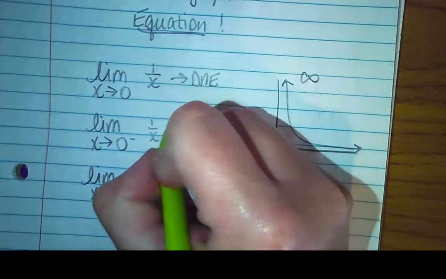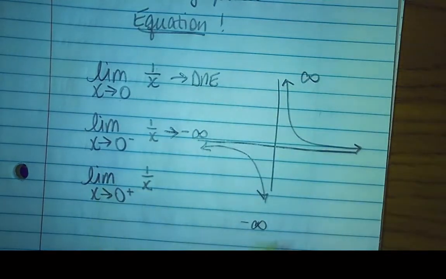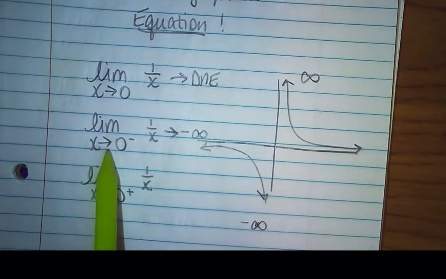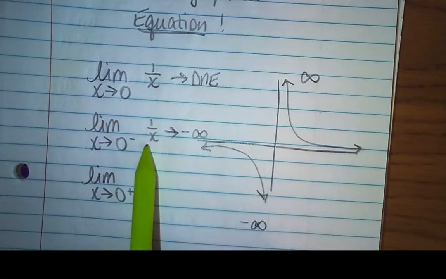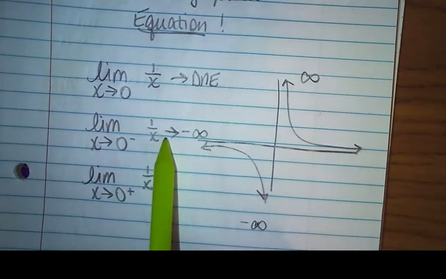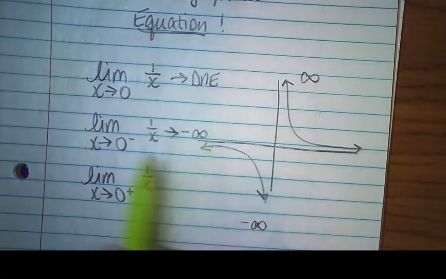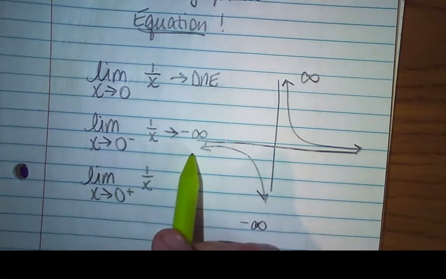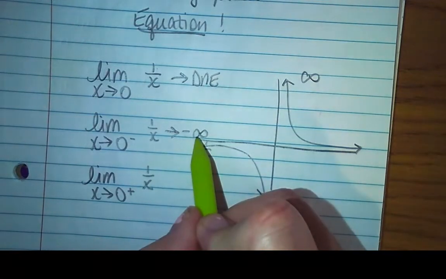What we're going to do now is we're going to say where it goes. So technically, what I'm saying is the limit as x approaches 0 from the left of 1 over x does not exist because the graph goes to negative infinity. So it looks like I'm saying it equals something, but just understand that what we're saying is it doesn't exist because it goes to negative infinity.